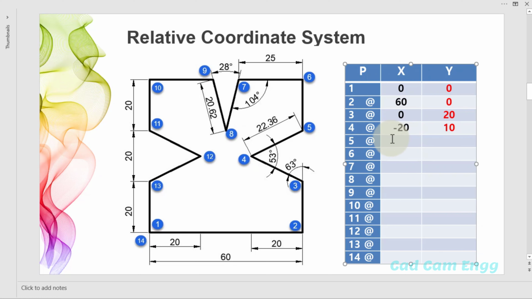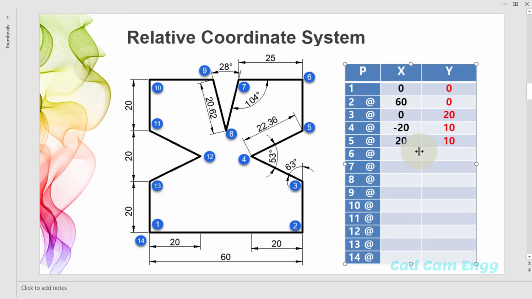Point number 5 is similar to point number 4, because this is also inclined, but here both values are in plus sign because this is the origin point. So x-axis as usual 20, and y-axis also 10. Next, point number 6.